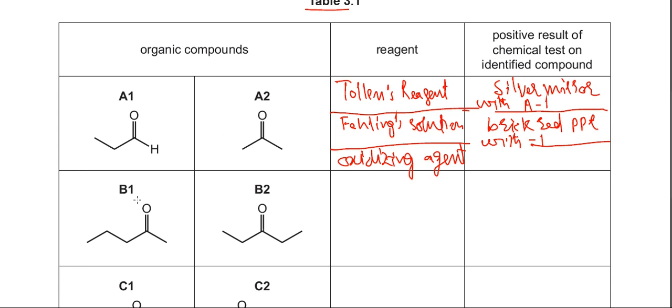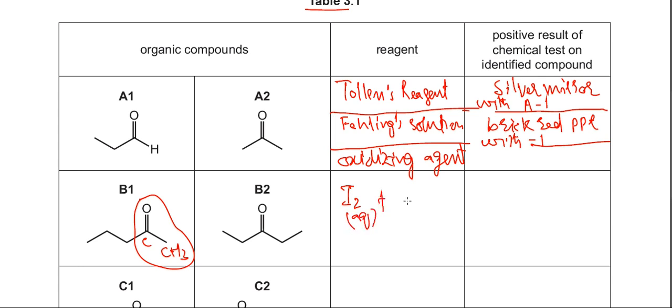understand. In B1 you can see it is a ketone, and B2 is also a ketone. But the only difference between these two is that this ketone has a part called the CH3CO group, but that group is absent in B2. To identify this type of group, we are going to use aqueous alkaline iodine.